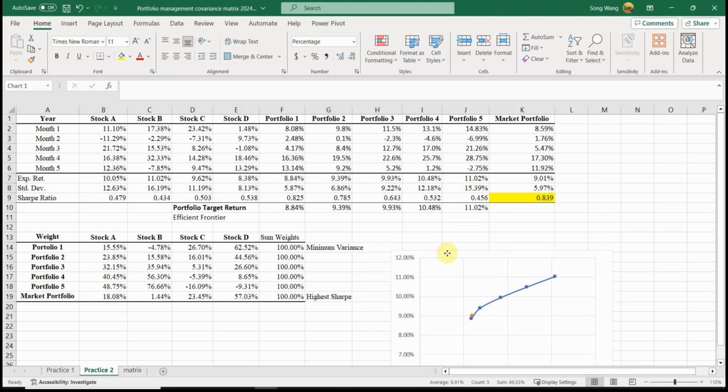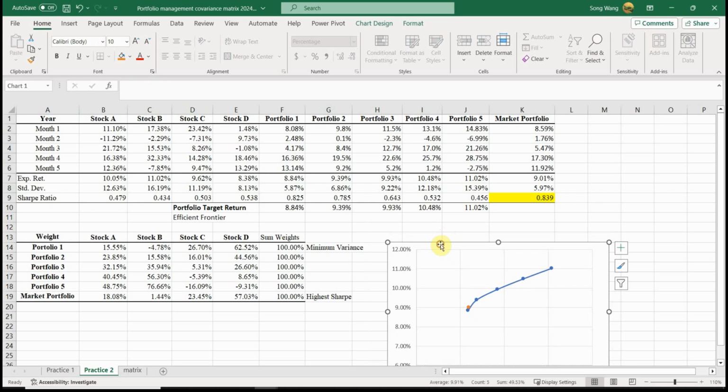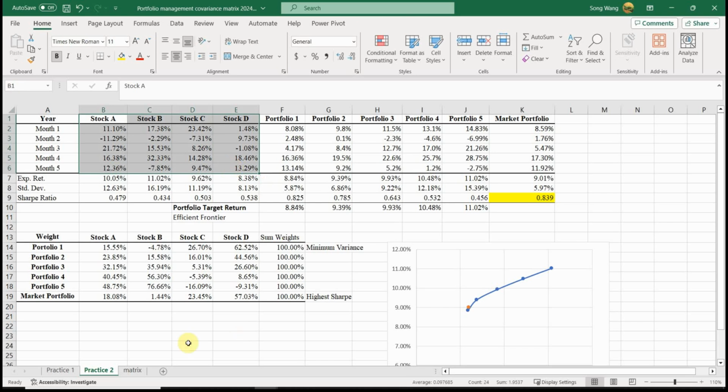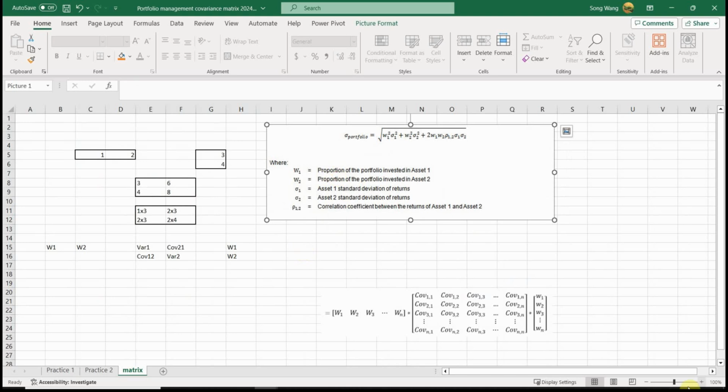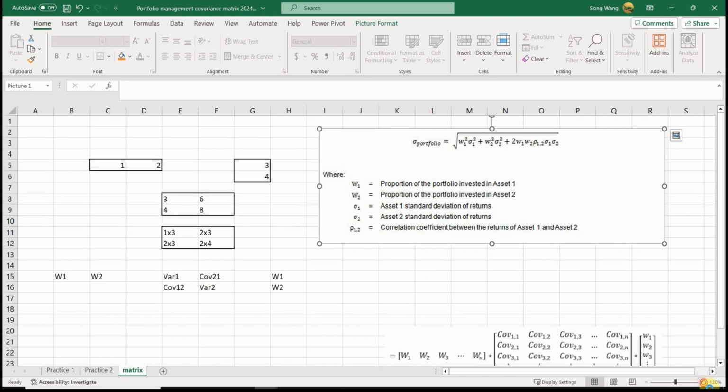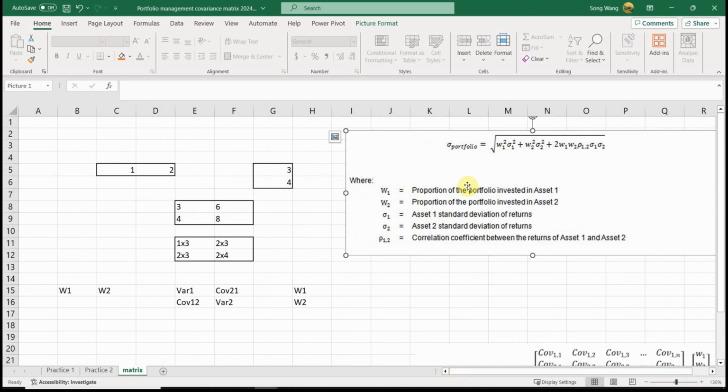So how can I calculate that? This time, I will need to use the variance covariance matrix for the 4 stocks. So right here, I have this matrix as my illustration.